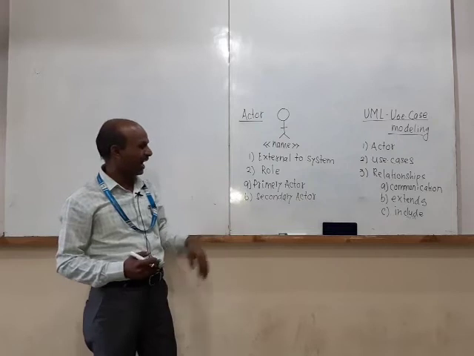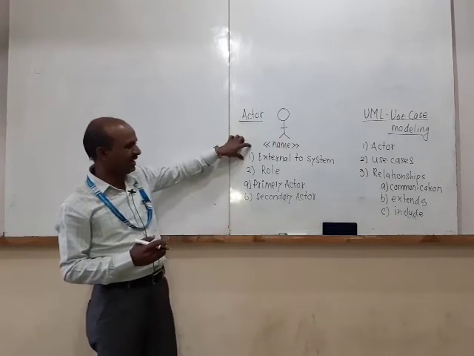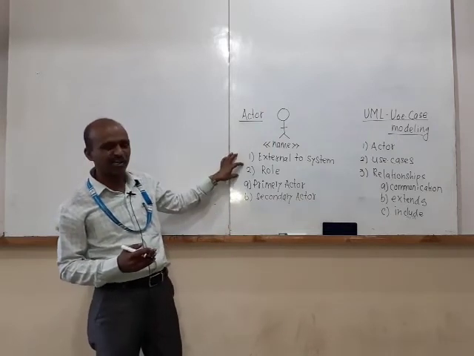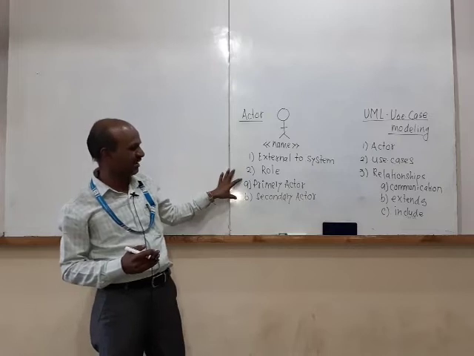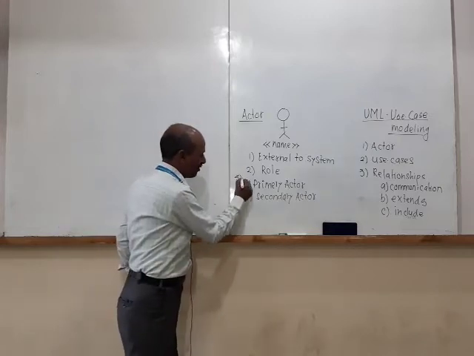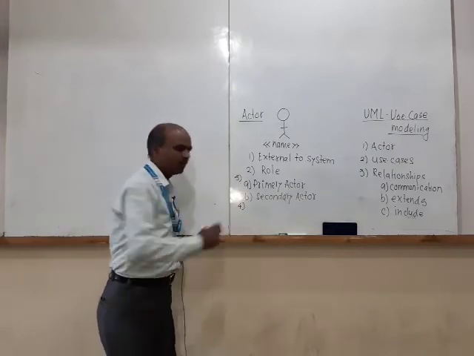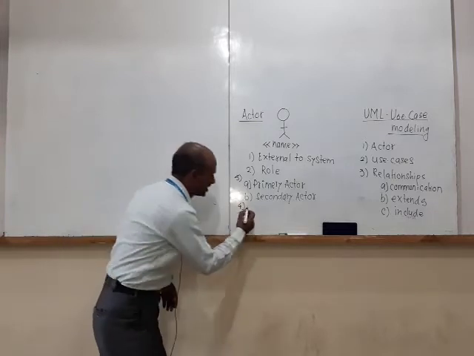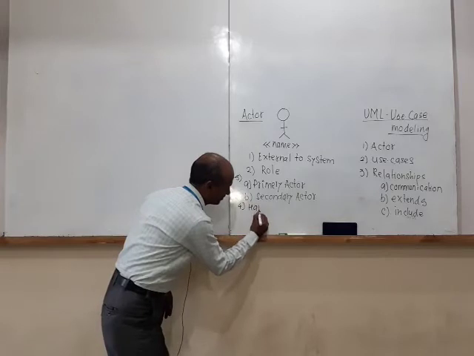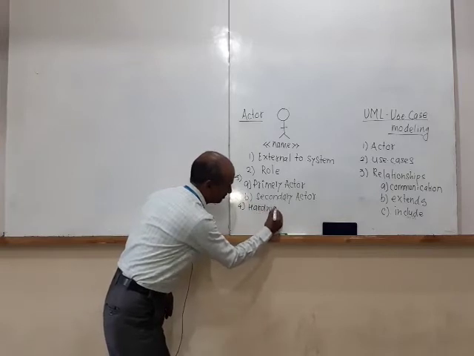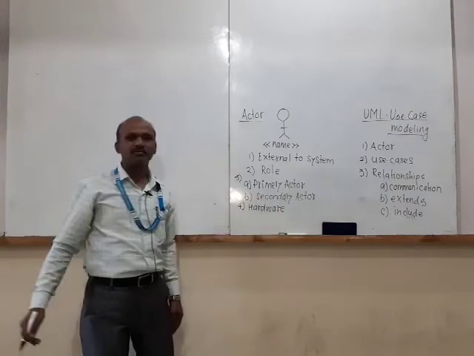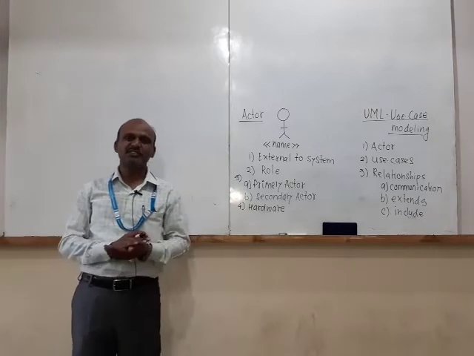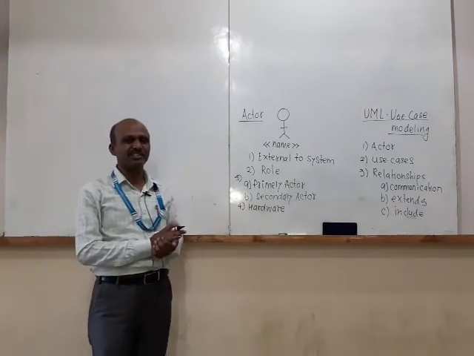Again, one more guideline is there. This is one: it is external to the system, whatever the roles in the system, and these types. This is the third guideline, and the fourth guideline to identify an actor is that any special type of hardware also plays the role of actor in a system.